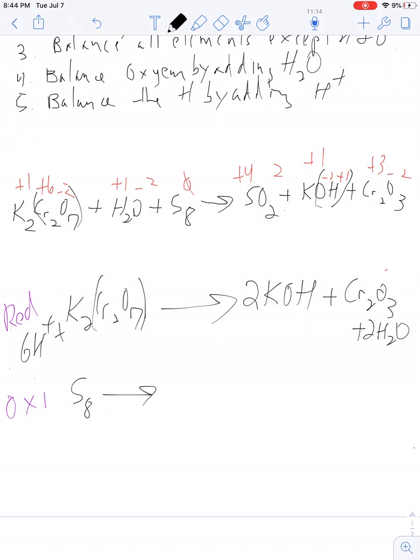Okay, so now I've got step 6, balance charge by adding electrons.